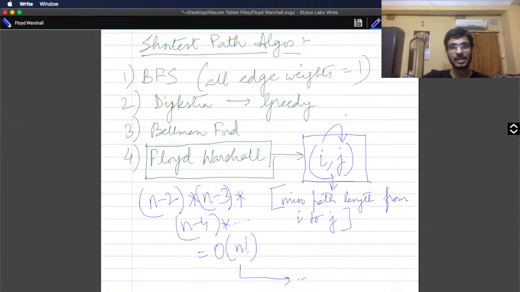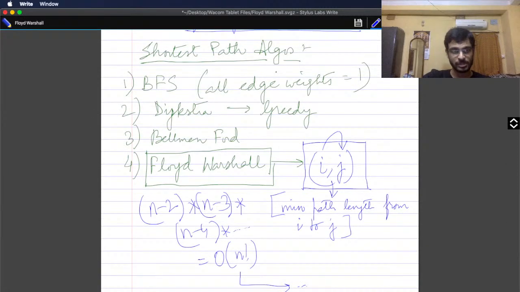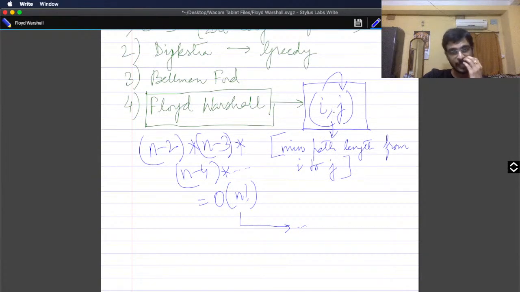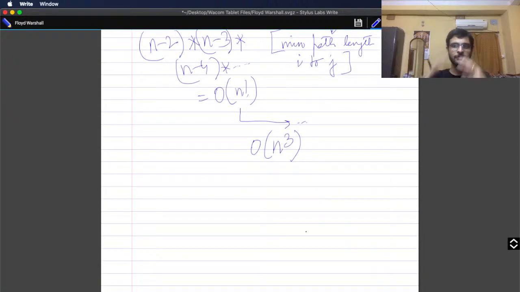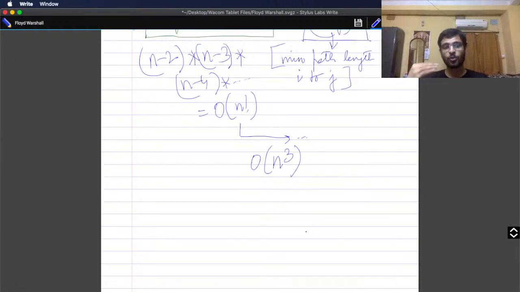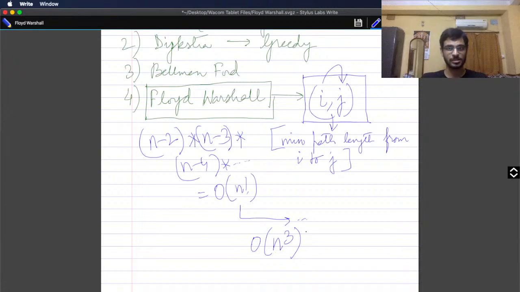This is not something that Dijkstra, Bellman-Ford or BFS do. Floyd Warshall does this in order n cube time. So in this session, our emphasis shall be on understanding how Floyd Warshall proceeds, what iterations it goes through, and why ultimately it prints the correct answer. That is what we'll understand.